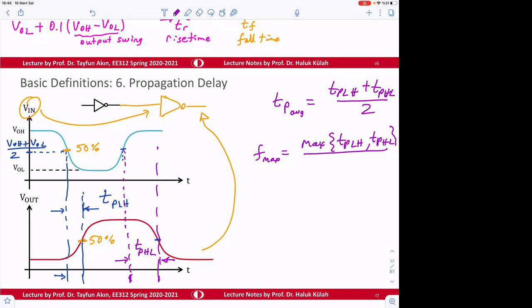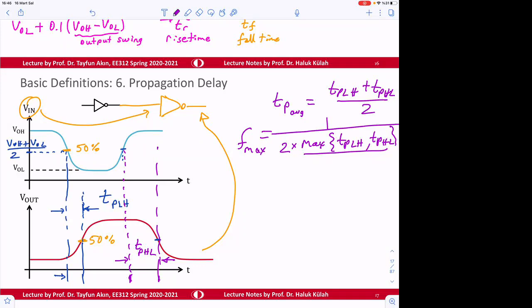This one, okay, let me write this. Times 2, 1 over this is going to be your F max, the maximum operation frequency.